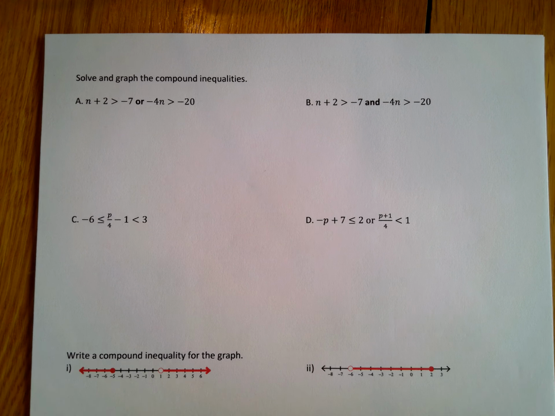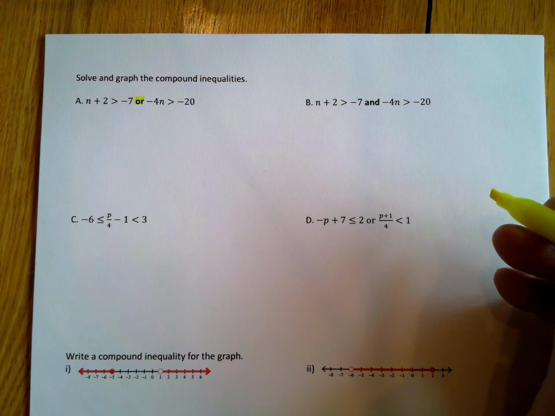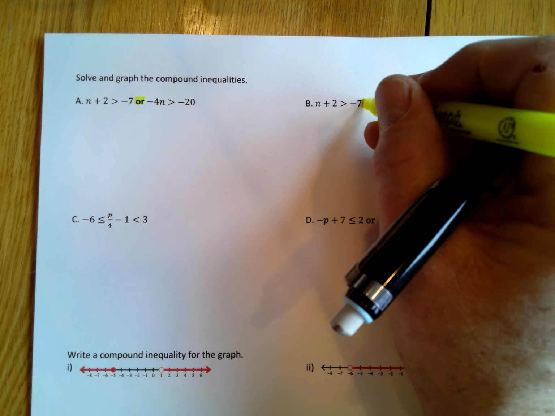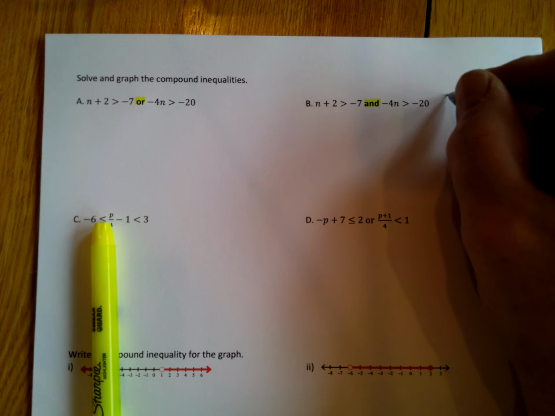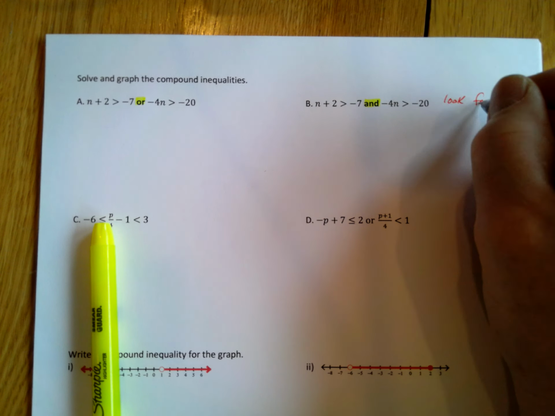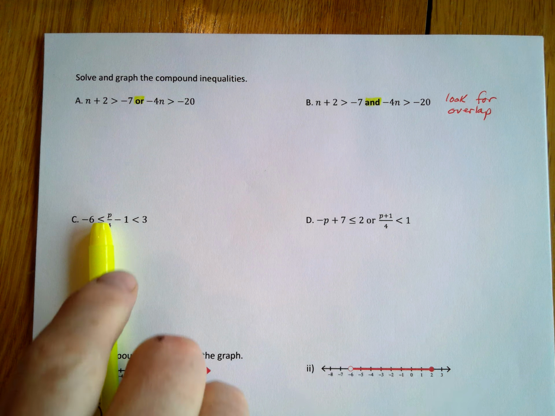Okay, so what we want to look for is, what are we working on? Let's identify them. This one tells me it's an or. This one tells me it's an and. So I'm going to look for overlap. Ands always have overlap.